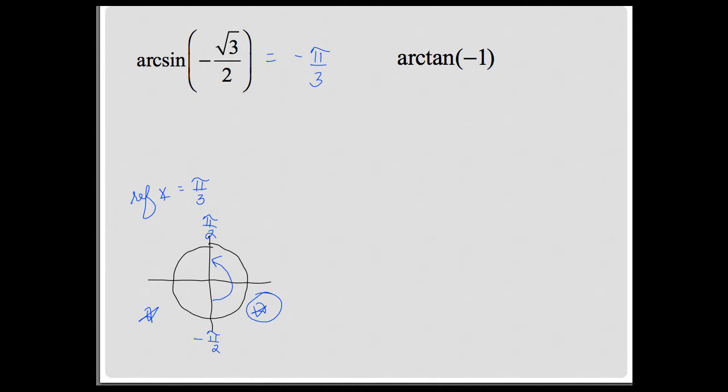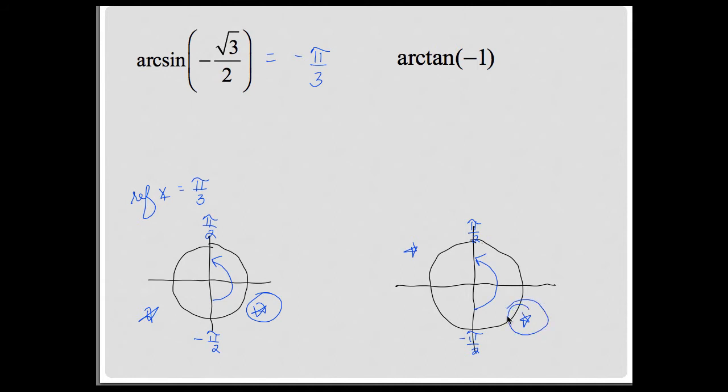All right, how about arctangent of negative 1? Hopefully you do have your tangent values memorized because it does help. So let's think: tangent is negative in the second and fourth quadrants, but the restricted range, remember, goes from negative pi over 2 to positive pi over 2.